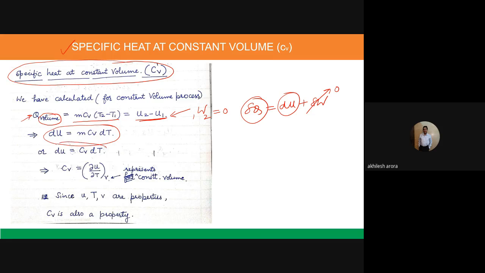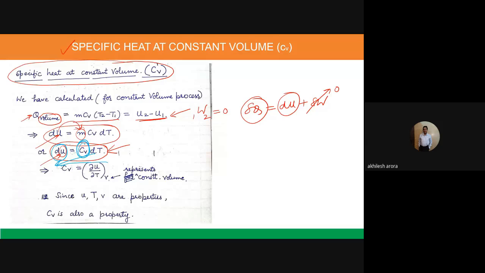If I take it on a unit mass basis, I can remove the mass here, and then it becomes the specific change in internal energy. So du, this is small u, and this is capital U. When capital U is there, we have to consider the m also. From this equation, you can see that the value of CV is equal to du divided by dT.